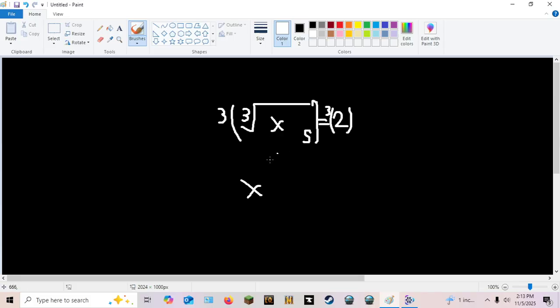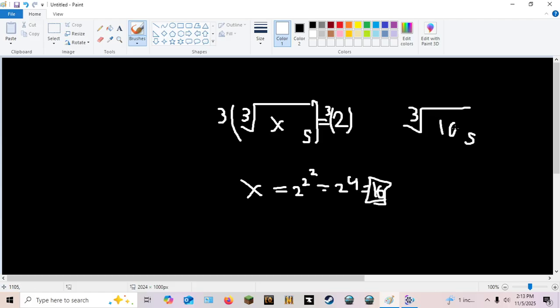So, x is equal to 2 tetrated to 3. We can rewrite it as 2 squared squared, evaluated from up to down. 2 squared is 4. 2 raised to the 4th power equals 16. And when you plug it in, the super cube root of 16 is 2, because 2 tetrated to 3 is 16.